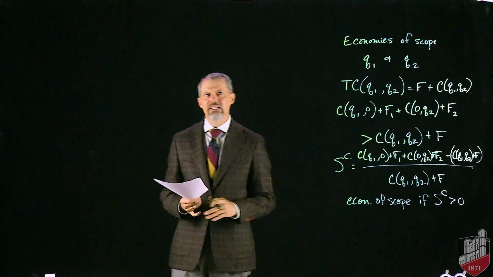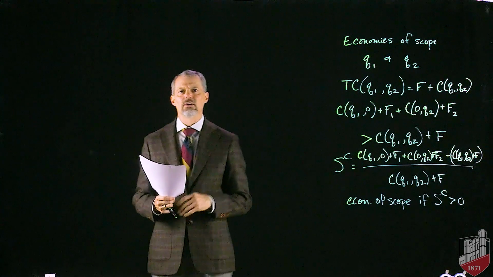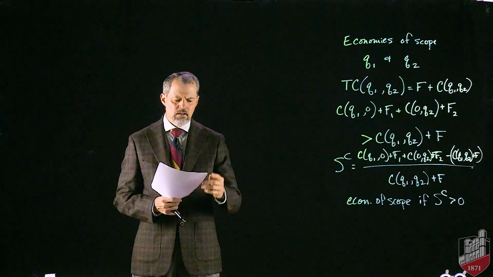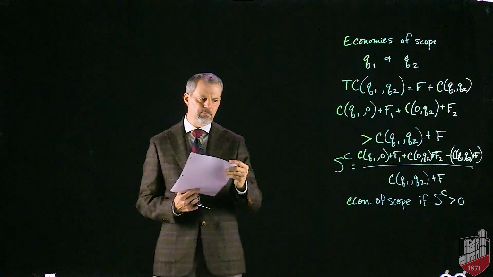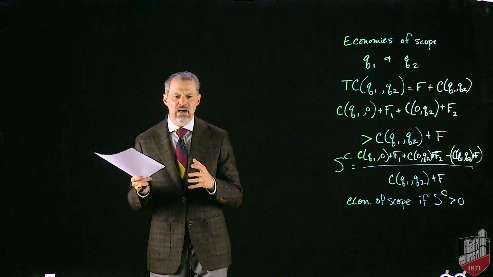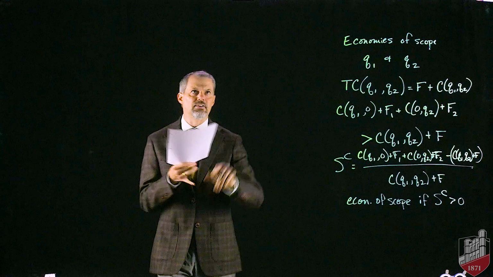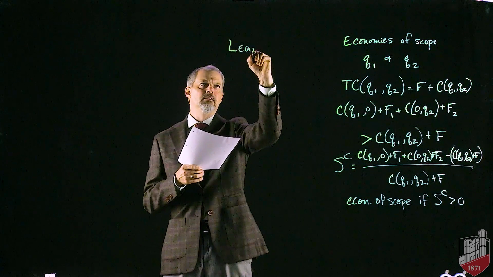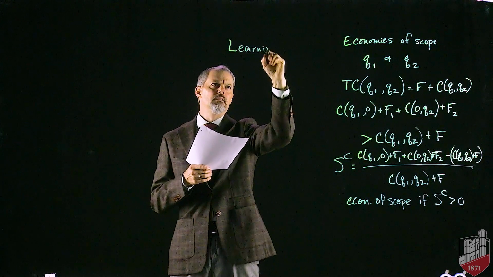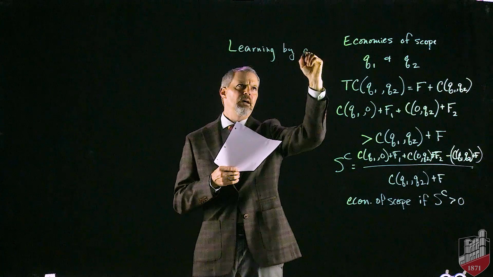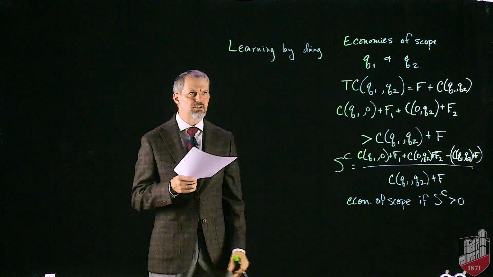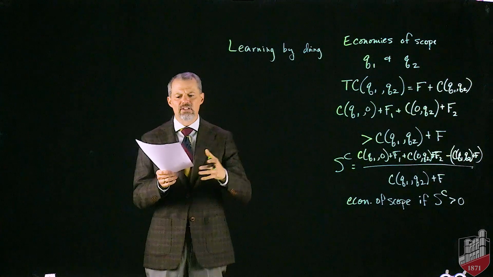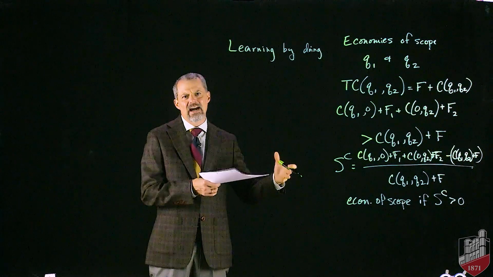Another thing that we need to consider is learning by doing. That's something that can impact industry structure. What we mean by learning by doing simply is that we're talking about the firm's cumulative output over its entire history.